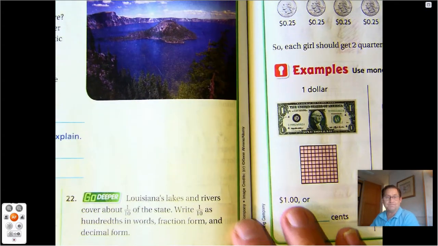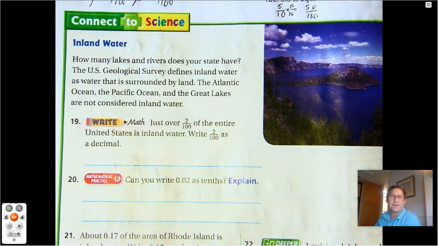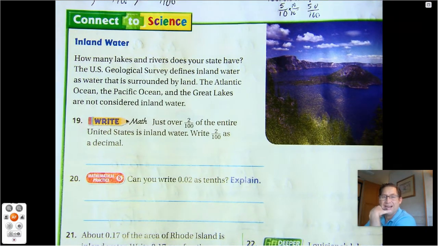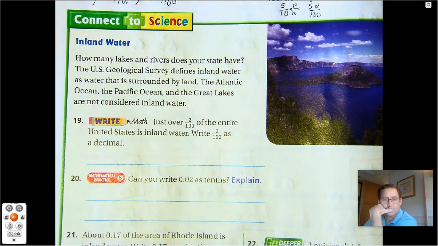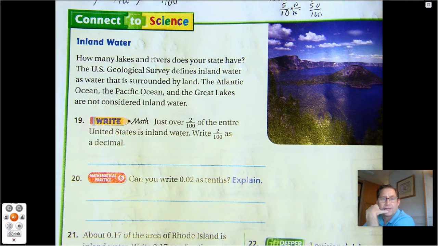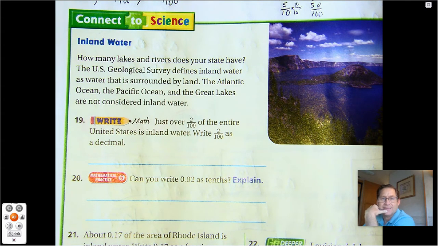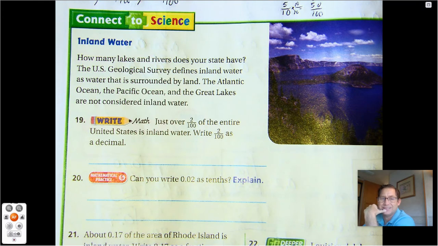All right. How many lakes and rivers does your state have? The U.S. Geological Survey defines inland water as water that is surrounded by land. The Atlantic Ocean, the Pacific Ocean, and the Great Lakes are not considered inland water.